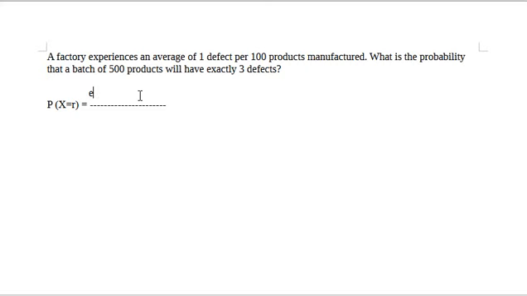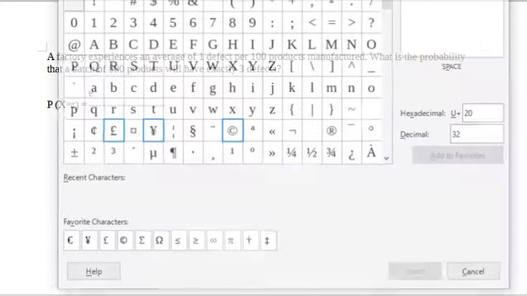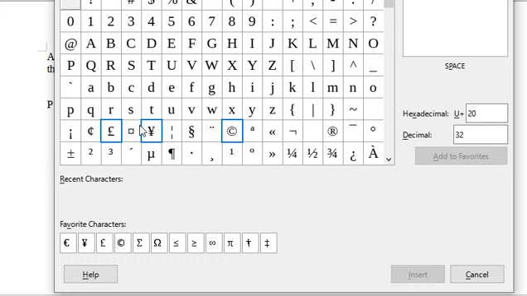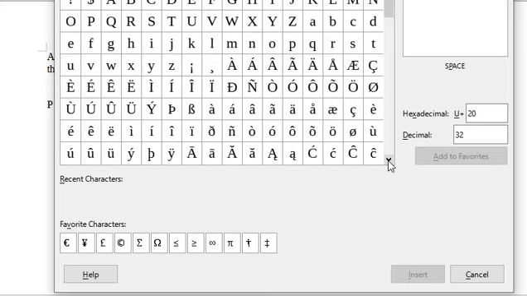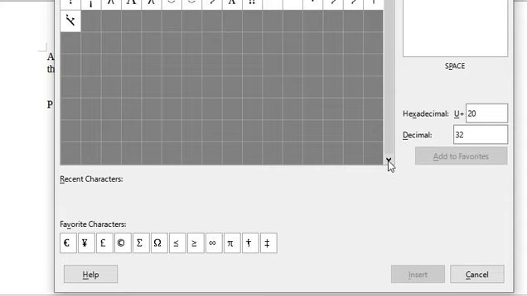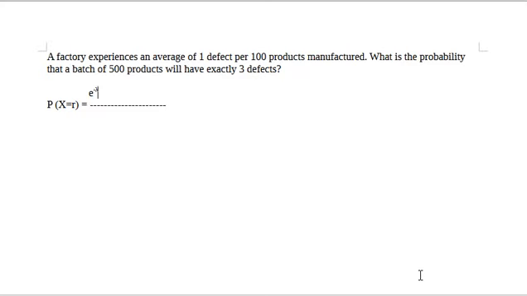It will be e to the power minus lambda, into lambda to the power r.